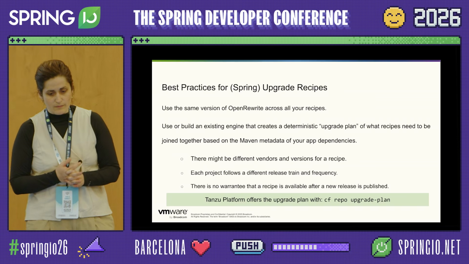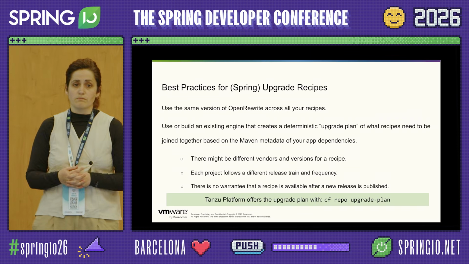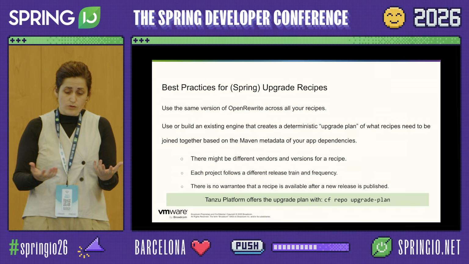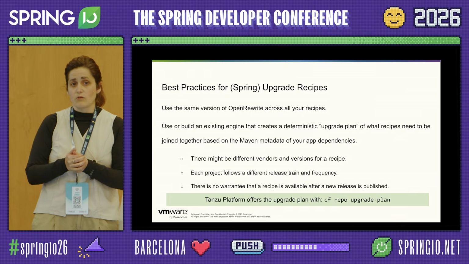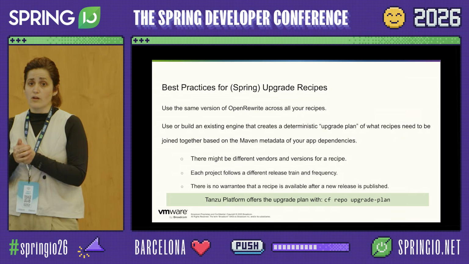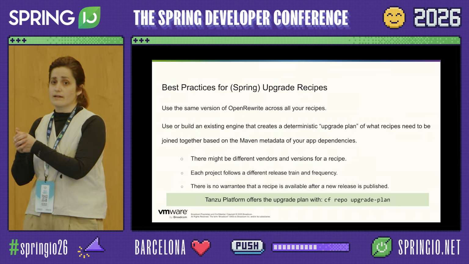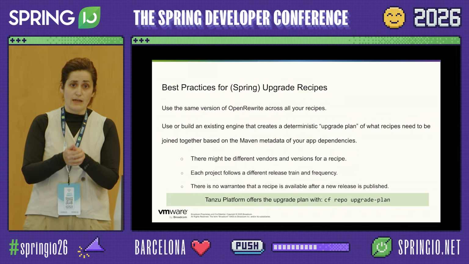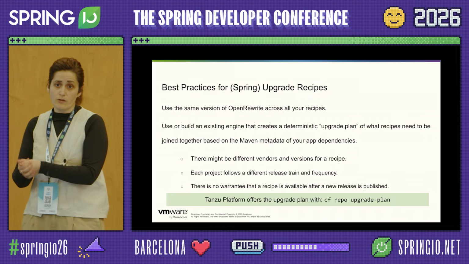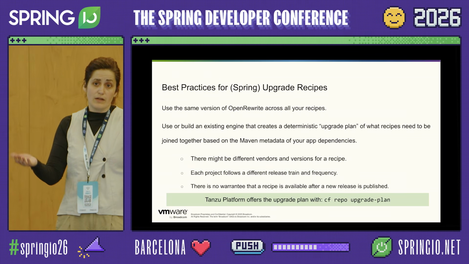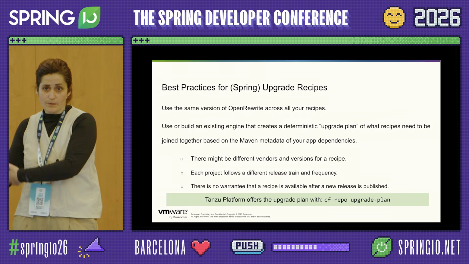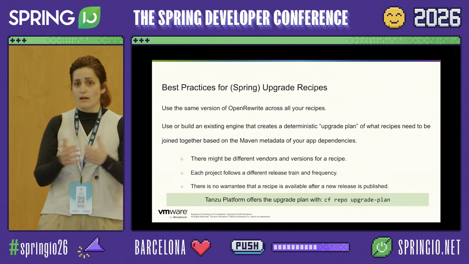The second one is that you need to create your own or use an engine that calculates this upgrade plan. Otherwise, teams need to manually pick the recipes that need to be executed. And this might be very error-prone and requires leveraging the knowledge of who is providing those recipes that can be spread across silos.